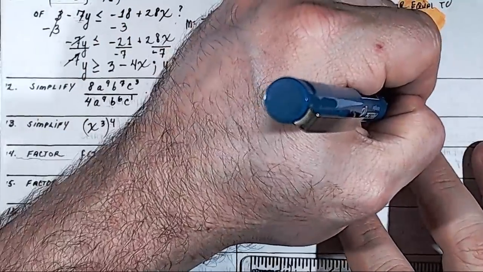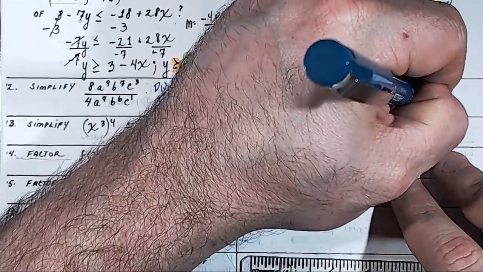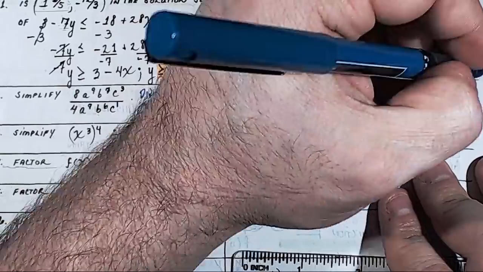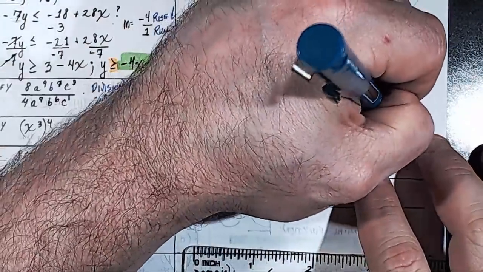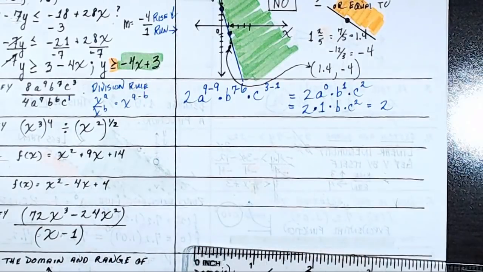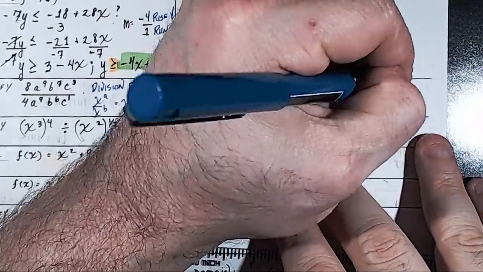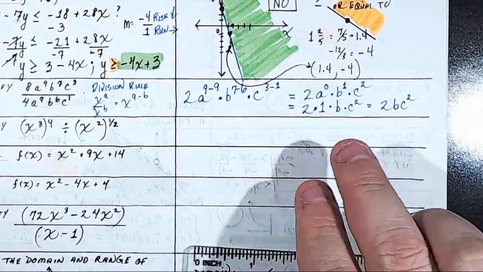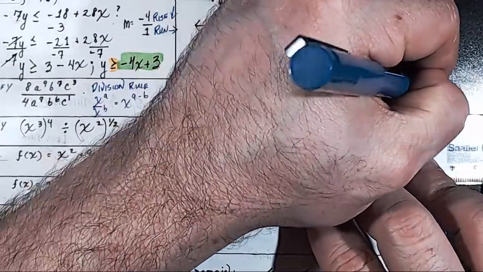Then times c to the second power, c squared. One final simplification will make it look really nice. You can drop all these multiplication signs because the multiplication is understood. 2bc squared. Put that in a box.